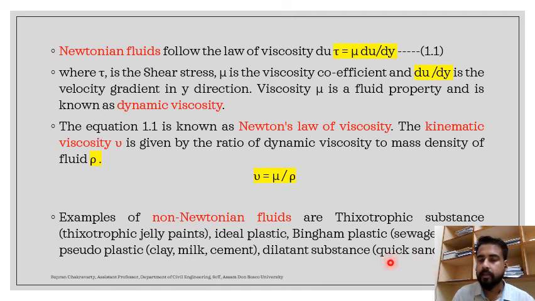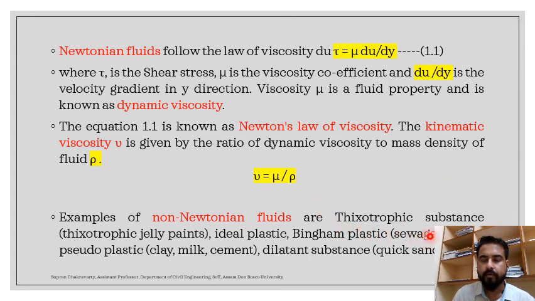Quicksand is a condition of soil when the effective stress is zero. If this is found in nature, okay, so non-Newtonian fluid is a fluid that does not obey the law of viscosity. Now, what is a thixotropic substance? A thixotropic substance is a substance that changes its properties with time.